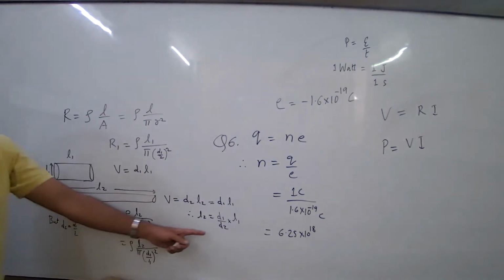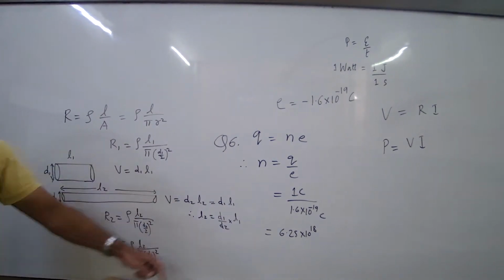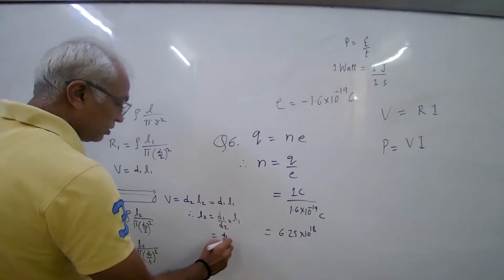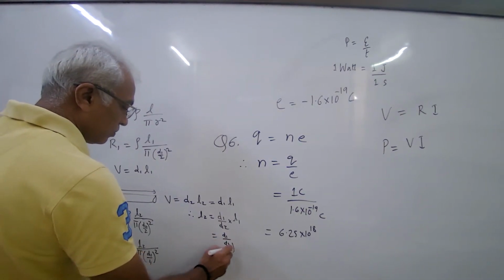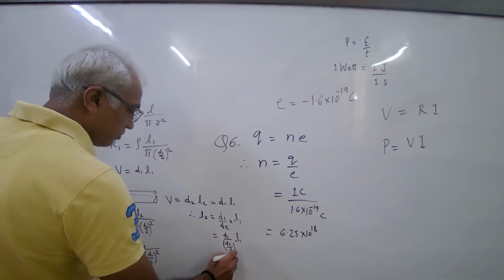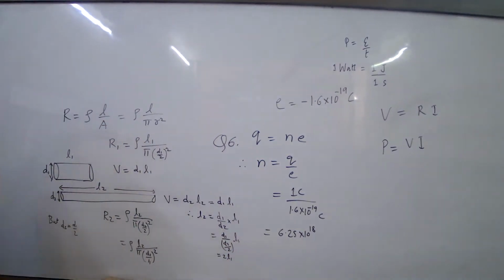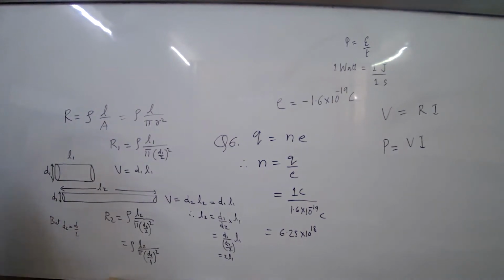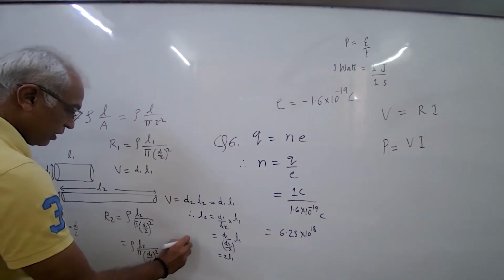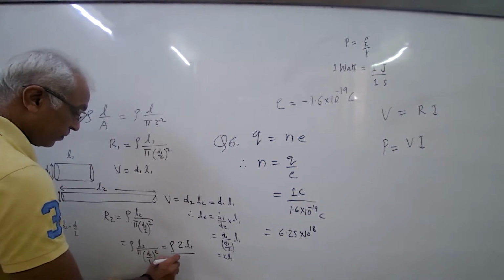But what is D2? Half of D1. So this is D1 upon D1 by 2. So what do you get? This will be 2L1. That means the length is doubled. So what do you write for L2 now? Rho 2L1 divided by pi.